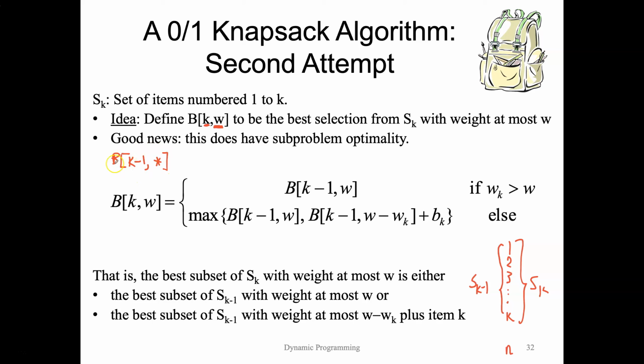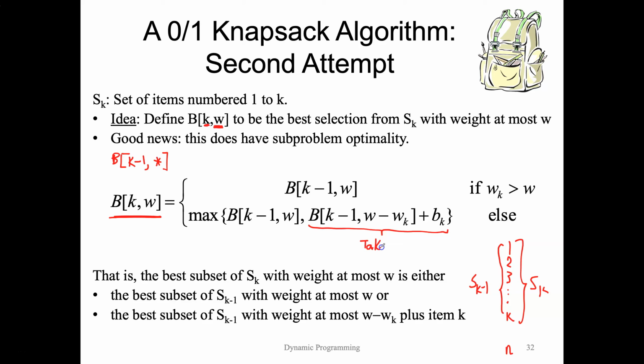We're going to use these smaller subproblems in order to help us figure out, now that we introduce this kth item, which items we should take from the first k items if we can only carry at most w pounds. So the idea is either we take this new item k or we don't. So if we take this item k, then this is what we have here.